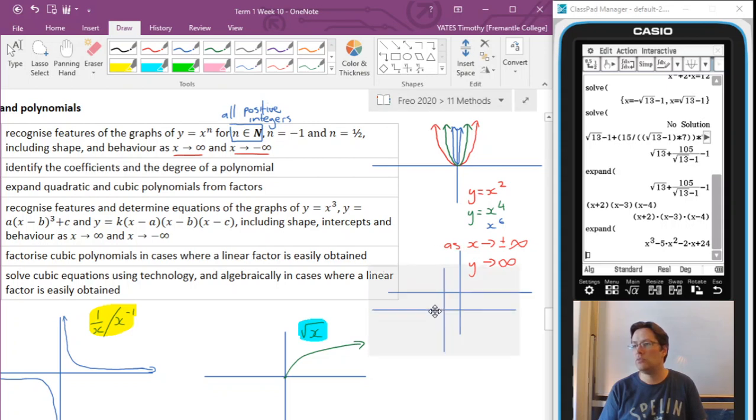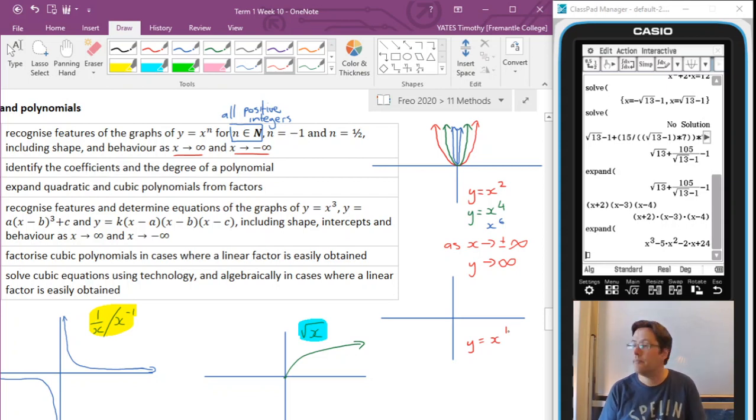Well, I'll just do a little diagram of these. Now our first odd power is actually y equals x, because it's sort of to the power of 1, but we tend not to write the 1. So it's y equals x, which we should all recognize as just a very straightforward straight line.